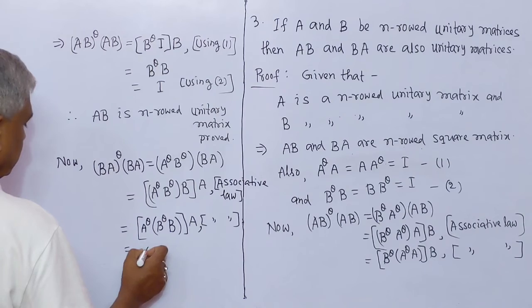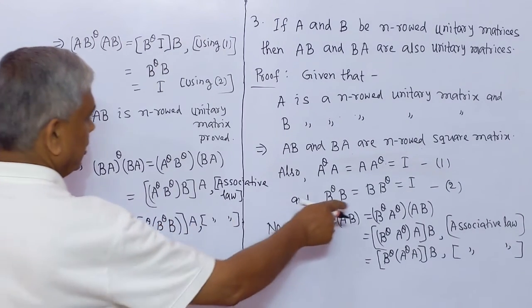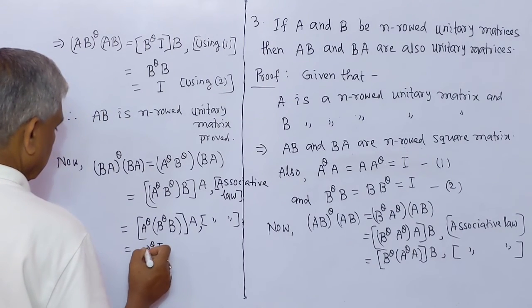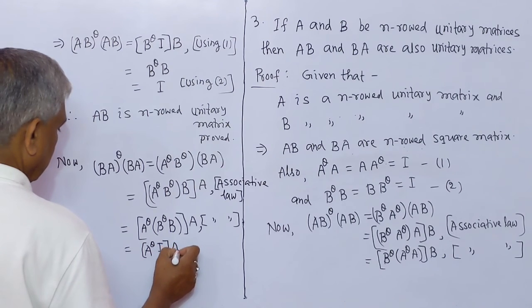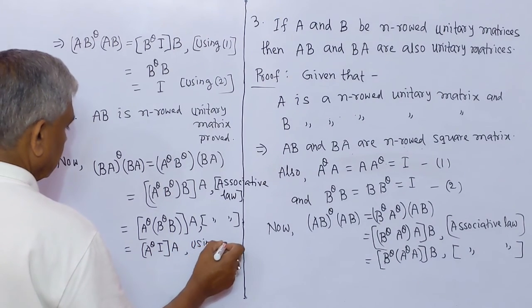This equals A theta B theta B, here from 2, unit matrix, A, using 2.